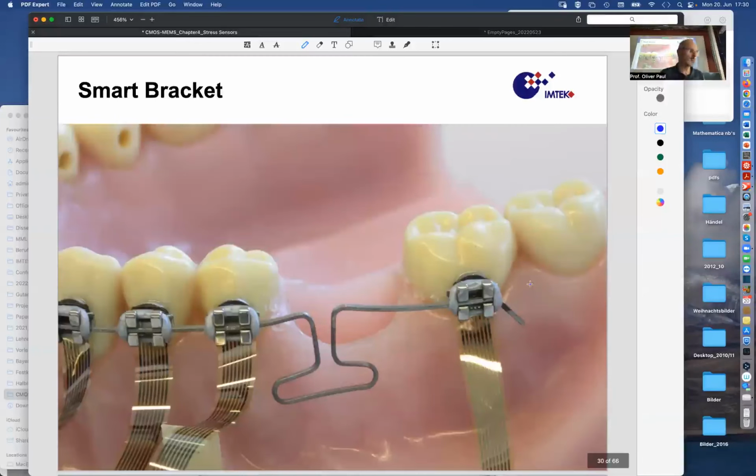Actually this was applied in this so-called smart bracket system, where you have these mock-up teeth with a sensor on its base, now embedded in between, equipped with a bracket slot, as it is called, and then ligated to a wire. And of course, such a wire exerts now, which color shall I take?